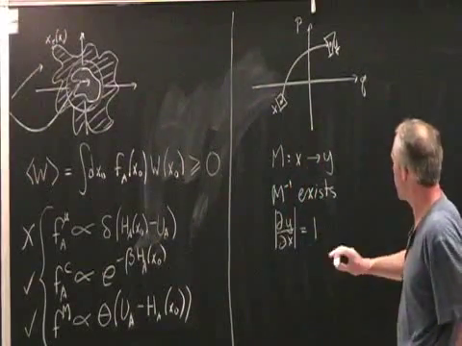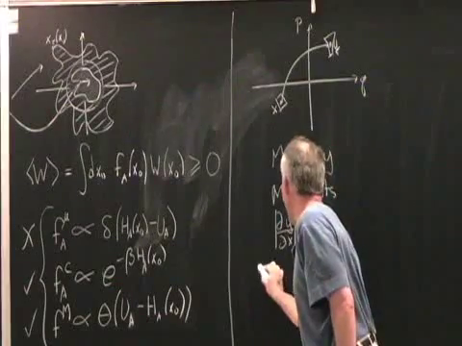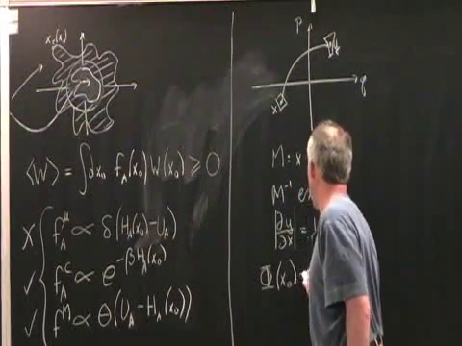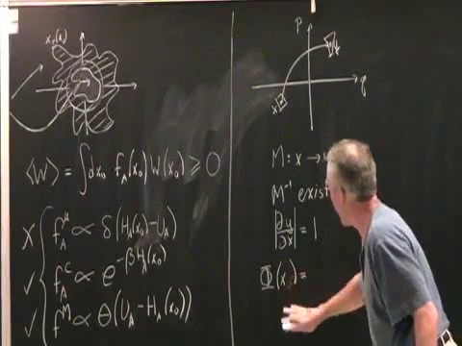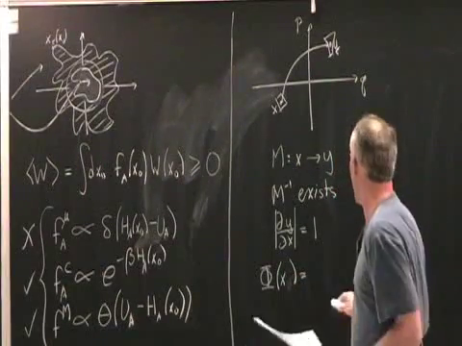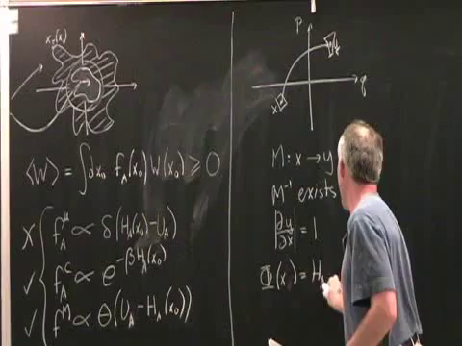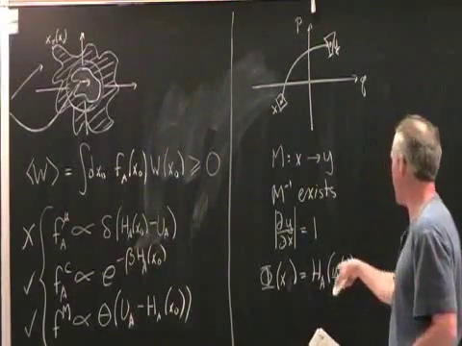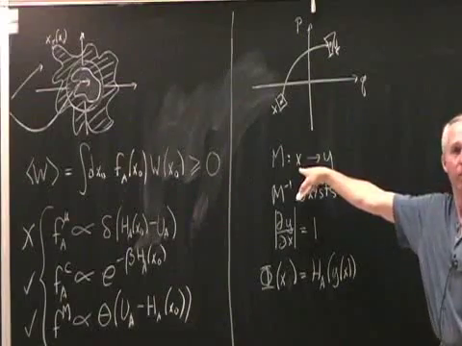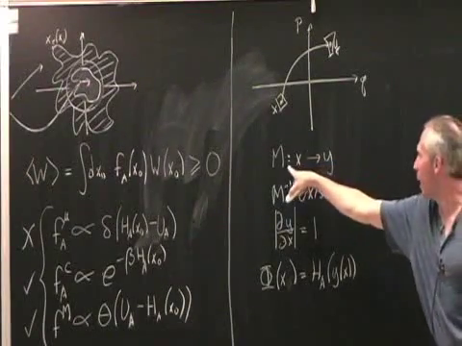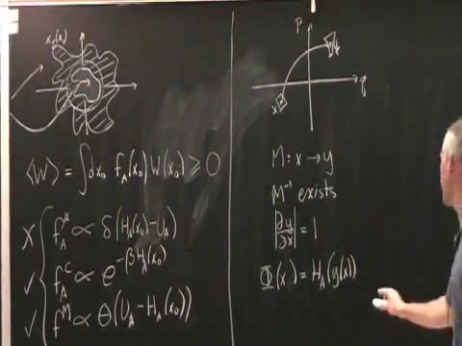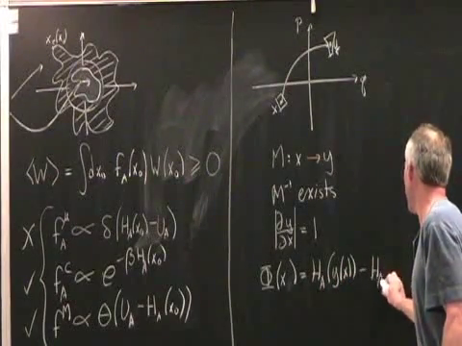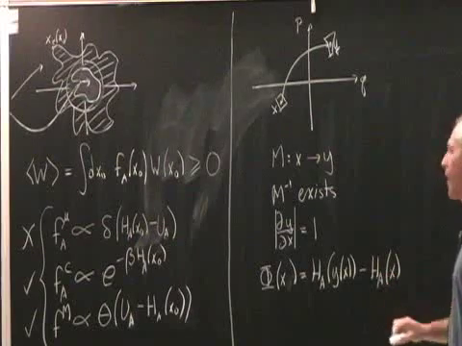So under these assumptions, let me now define a function capital phi of x, which is going to be my Hamiltonian H evaluated at y of x. So y of x is just the y where I'm taken by application of this mapping from point x. Hamiltonian evaluated at y minus the Hamiltonian evaluated at x.